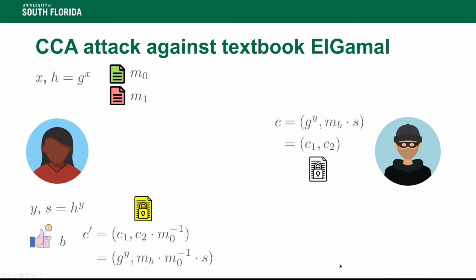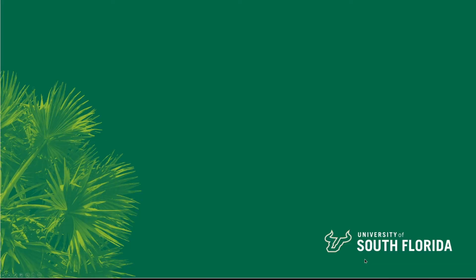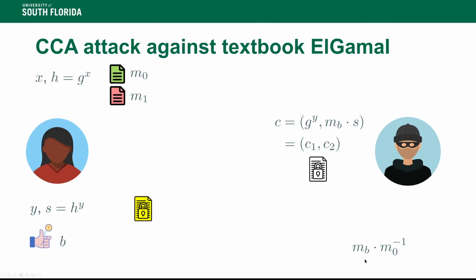Now, the adversary sends it to the challenger. The challenger has to send the decryption. And then the result is going to be either 1 if MB is M0, or it's going to be M1 over M0. But in each case, the adversary will be able to determine which message was encrypted.